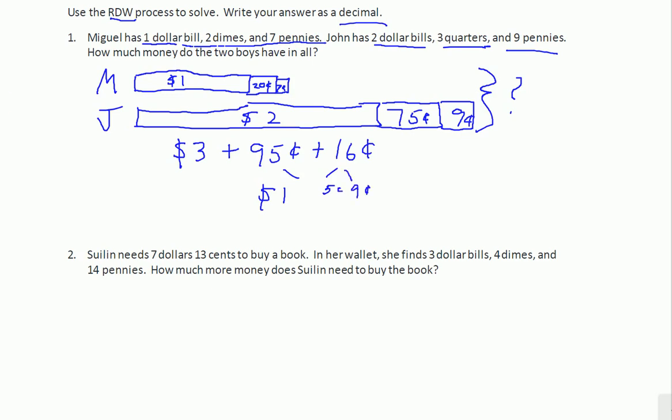So this 5 cents and this 95 makes $1. And then I have this 9 cents left over. So now I have $4, because 3 and 1 is 4, and then 9 cents left.